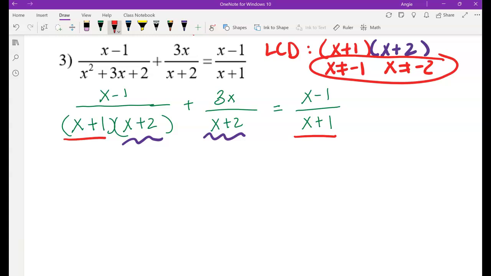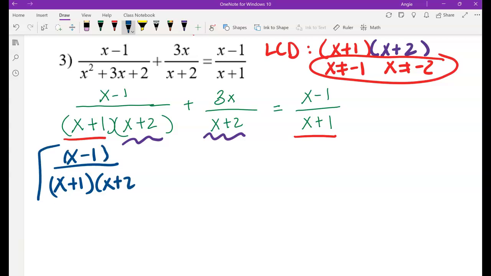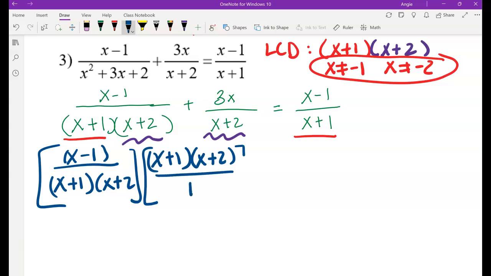Then we're going to go in and multiply each and every term, students, by the lowest common denominator. So copy this over really quickly. Okay, that's your original. Now I'm going to make a big old bracket because your LCD is (x plus 1) times (x plus 2). Now again, put it over 1 if that makes you more comfortable. Your original for the second term is 3x over (x plus 2).